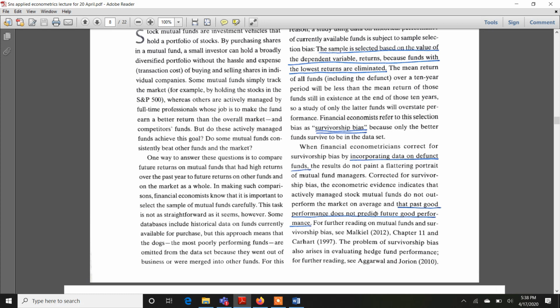So this is the reason there is so much uncertainty in the market: there is no guarantee that a stock that has been performing well in the past is going to perform well in the future as well.